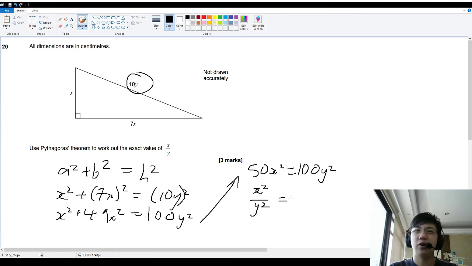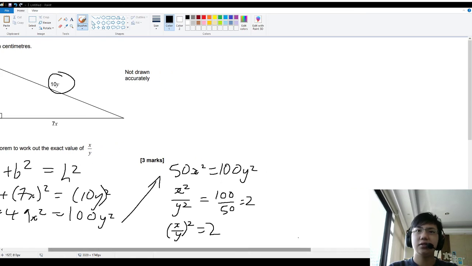So x squared over y squared equals 100 over 50, which equals 2. And since this can be grouped into x over y, all squared, equals 2, we could state that x over y, without the square, is the square root of 2, hence giving us our answer.